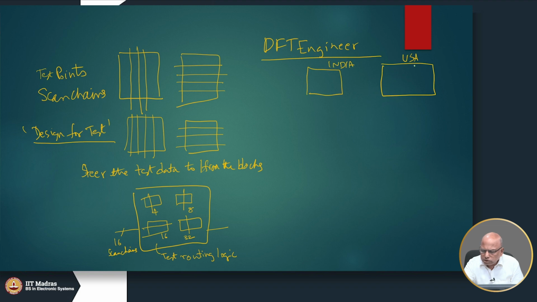So, they may not have access to an expensive tester at this stage. So, they may develop all the tests on a low cost tester. Okay, which has a few scan chains, maybe it has only up to 3 up to 4 scan chains, whereas the larger tester may have access to a larger number of scan chains.